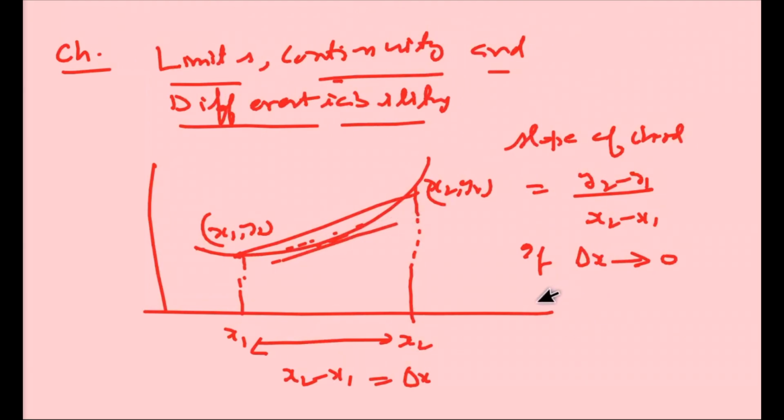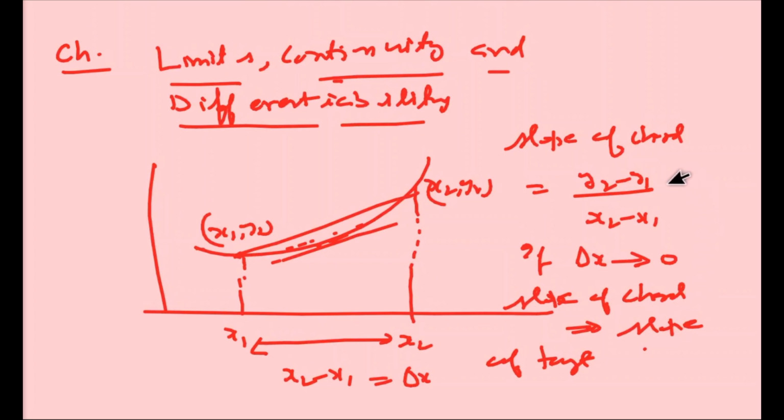So we can say the slope of the chord becomes the slope of the tangent, that is delta y by delta x, where delta x tends towards 0.